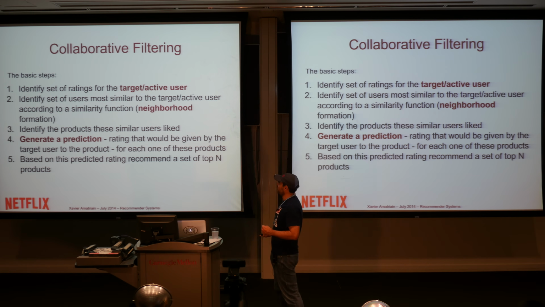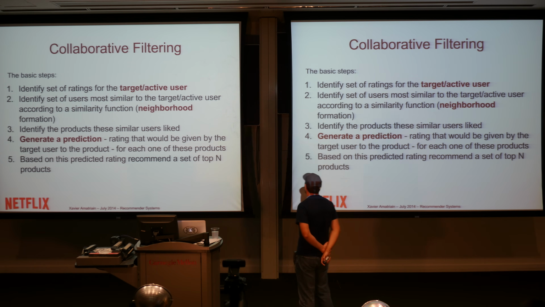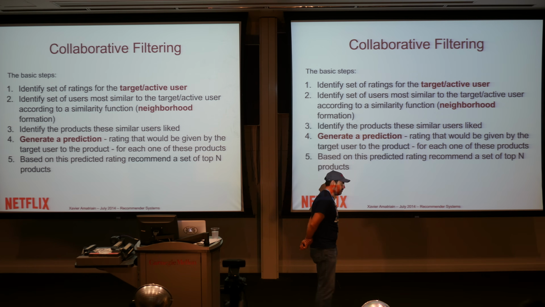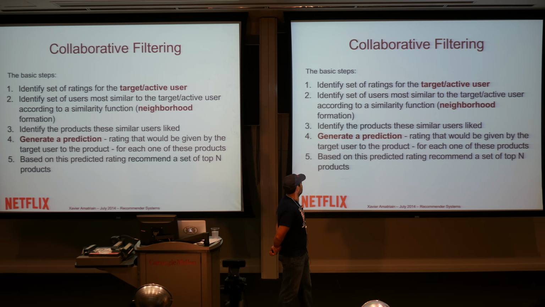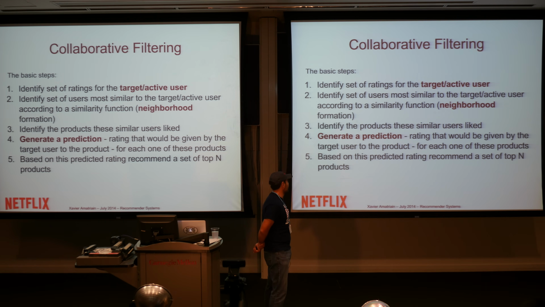So more formally, we identify a set of ratings for the target user. We identify the users that are most similar to the target user according to a similarity function. Then we identify the products these similar users liked. And then we generate a prediction, a rating for each one of these products.